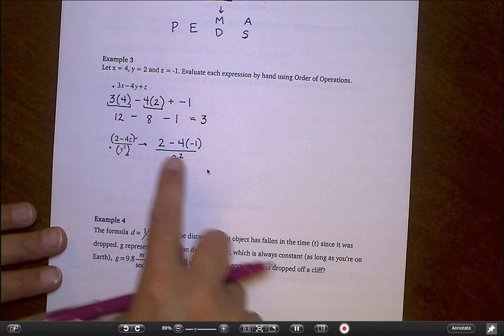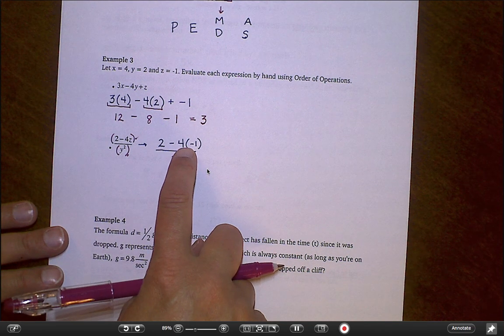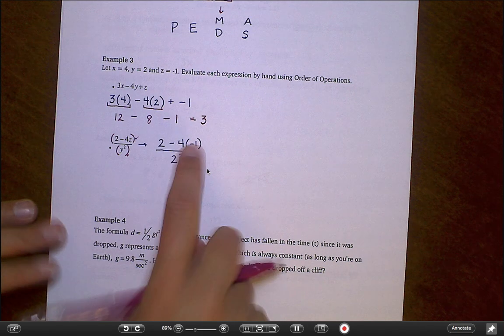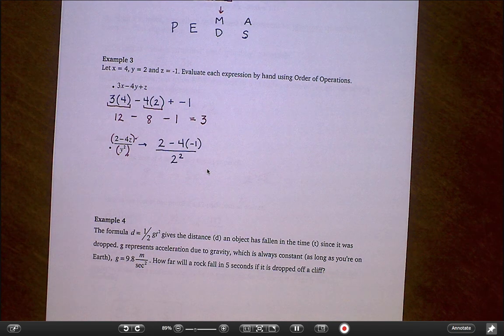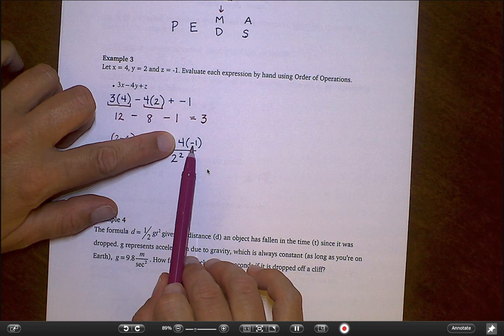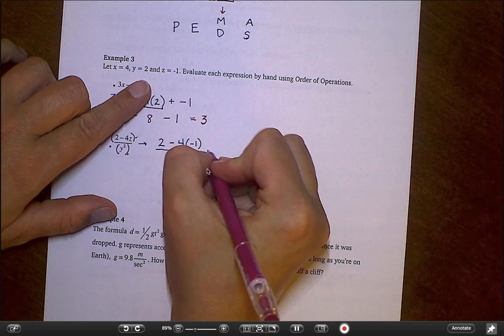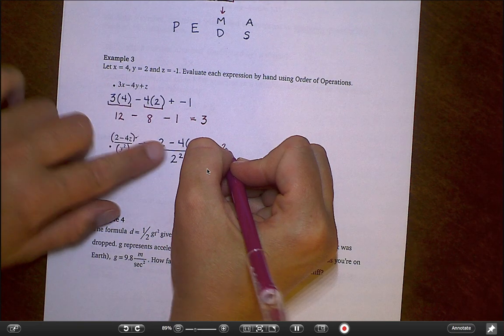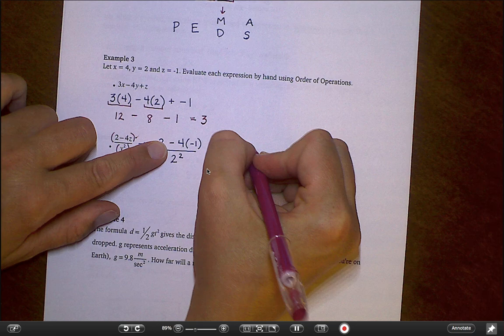So up on top here, the first thing I bump into is some multiplication here. Okay? And it depends how you want to think about this. If I think of this as just 4 times negative 1, I get negative 4, right? And so then this would become 2 minus and then a negative 4, okay?